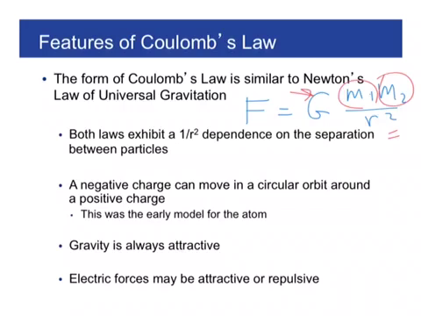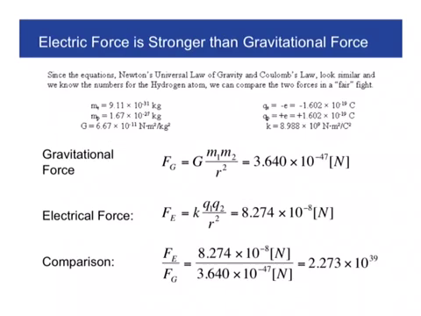The one difference though is that gravity is always attractive, but electric force may be attractive, and it also can be repulsive. So that's the difference. And of course the constant is different, and here's mass instead of q. But the similarity is also in being inversely proportional to r squared.